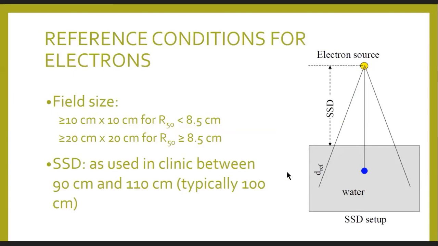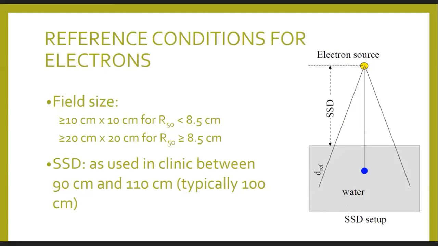So here now we have the second part of this presentation on reference dosimetry for electron beams. Generally, the setup is very similar to that of photons, yet there are a few differences. The field size needed for electrons is 10 by 10 at the water surface. Here for electrons, only an SSD setup is allowed.